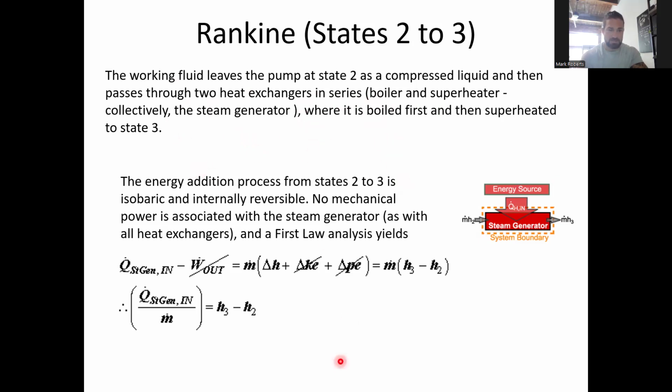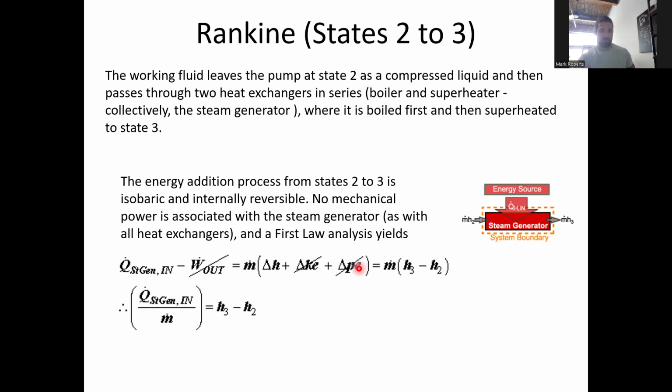For this process, again, we can write our first law. For a closed system, we have Q minus W equals m times this term right here, our energy term. We're assuming kinetic energy and potential energy are negligible, and we always do that for these processes.